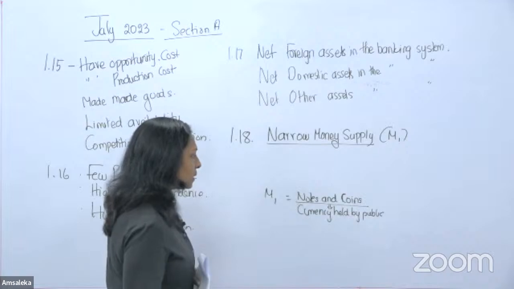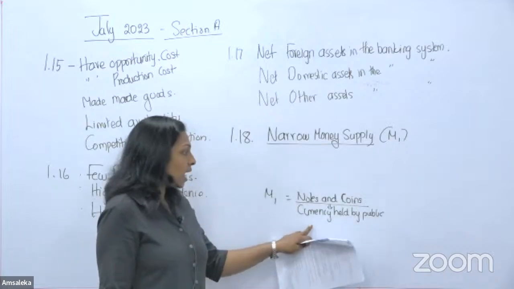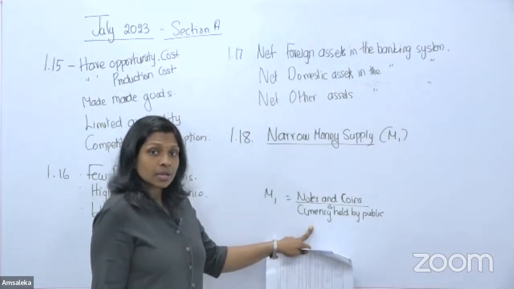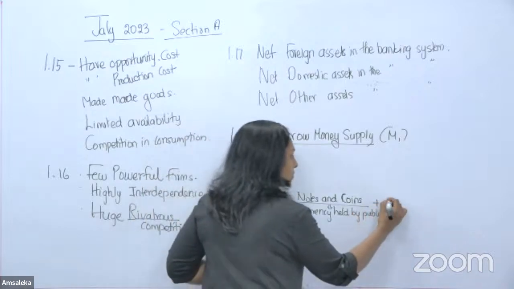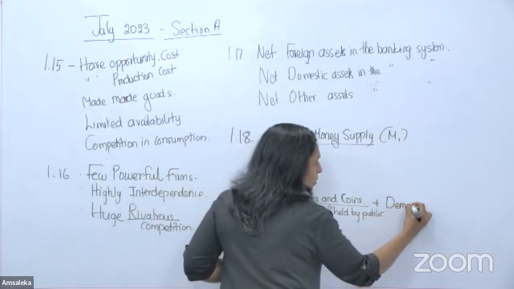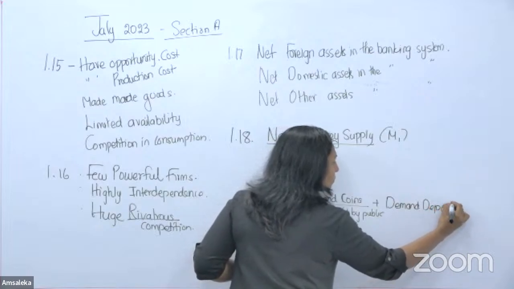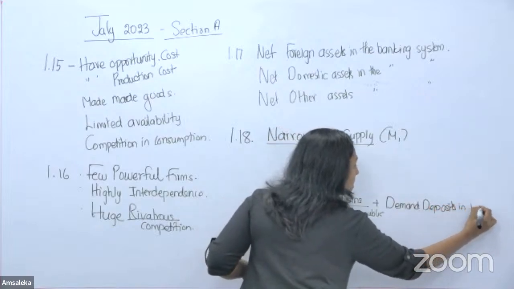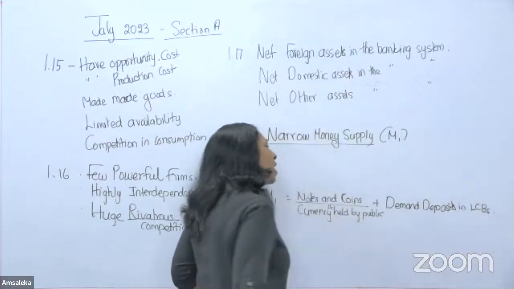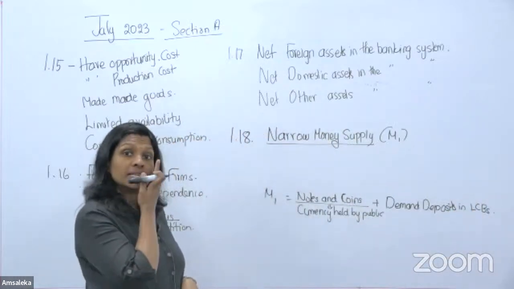So notes and coins means we can say currency held by the public. And plus what? Plus demand deposits in LCBs. Demand deposits in LCBs. Okay.